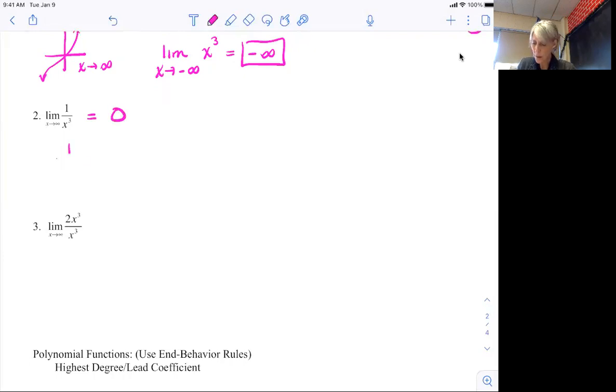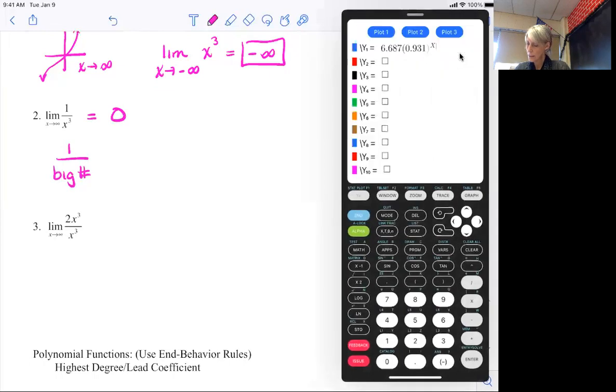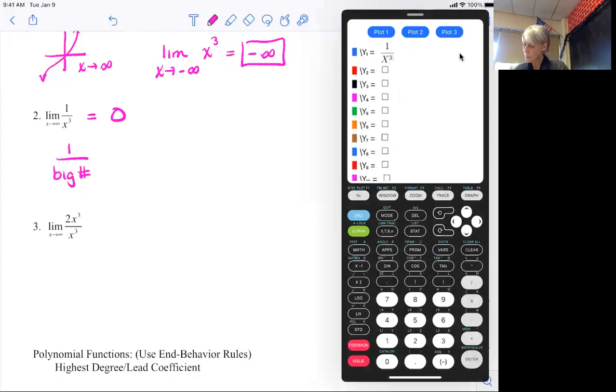So technically we're dividing by a bigger number, and when we divide by a bigger number, our answers get close to 0. And if you can't see it, just plug it in your calculator for right now. And we're going to talk about the rules in a second.